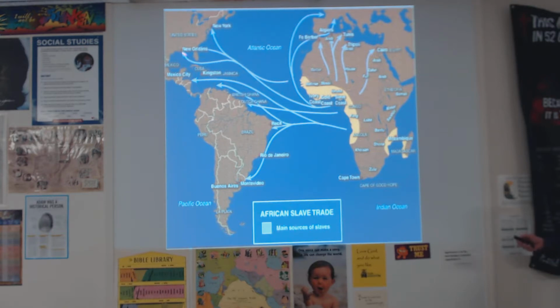And then some are coming into North America in these places. In addition, slaves were being brought up into Europe, a couple places here. And then quite a few slaves are being taken across Northern Africa into the area where the Arabs are in control, where the Muslims are in control. All right, any questions so far?